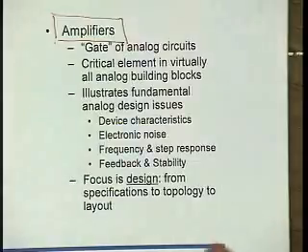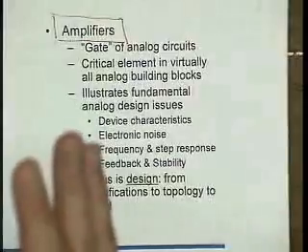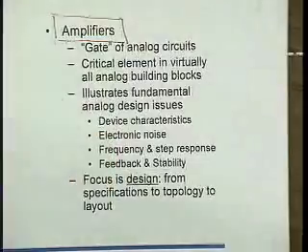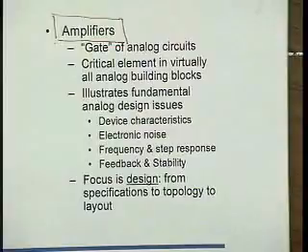The focus of this class, and I said that already earlier on, is design. What we will do over and over is find ways to take the specifications for an analog circuit, for example an amplifier, and transform those into a design, into an arrangement of transistors, and ultimately into a layout, or at least a list of device sizes and so on.